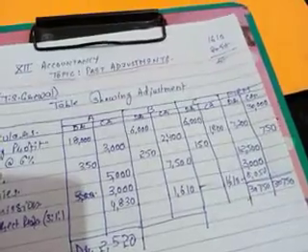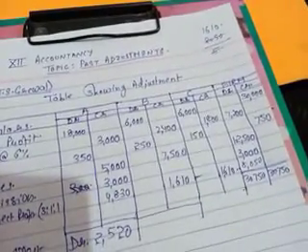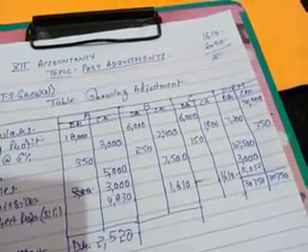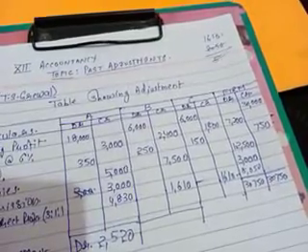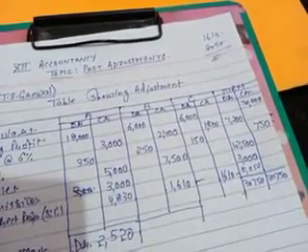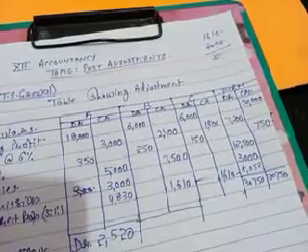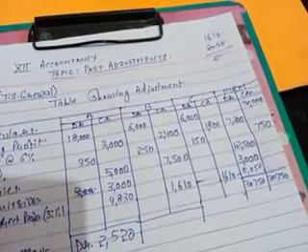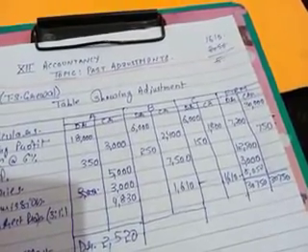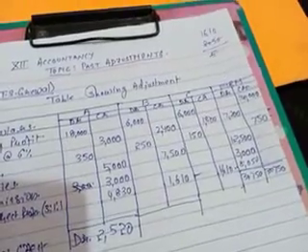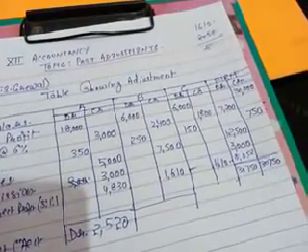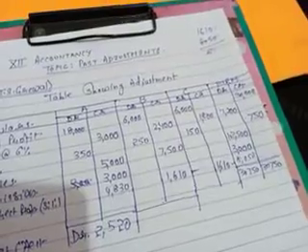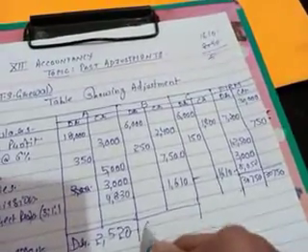So net effect, credit is more, 5,260 credit.